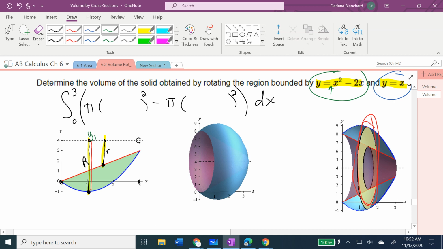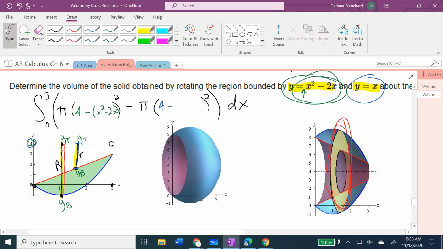So that means you have some top y value minus some bottom y value. For the outer radius, the top y value is 4. The bottom y value is x squared minus 2x. And don't forget that parentheses. For the inner radius, the top y value is also 4. The bottom y value of the inner radius, though, is x.